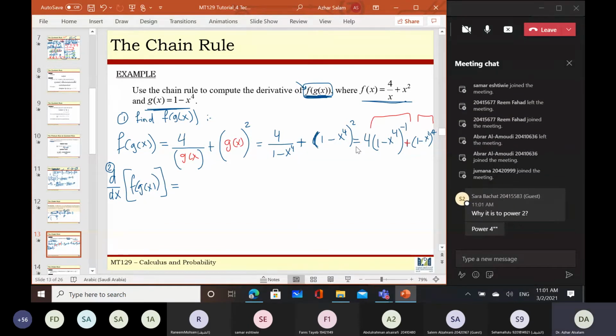x to the power 2 من هنا، صح؟ I have here that g, which is 1 minus x to the power 4, right? I substitute inside f with g all square.